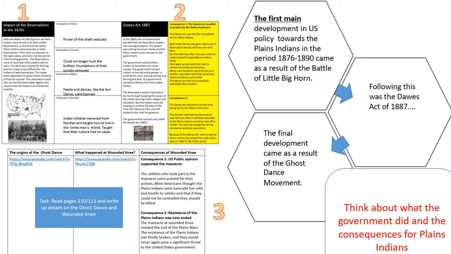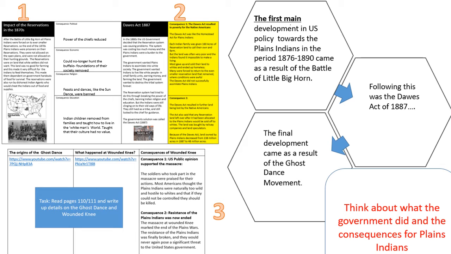So once you've explored the impact of reservation policy after the Battle of Little Bighorn, you can move on to the middle of the story, because following this was the Dawes Act of 1887. And again, you can see that information at number 2 highlighted in yellow. That's where you've got to explain what the Dawes Act was, what it intended to do, and what consequences it had for making the lives of our Plains Indians even worse.